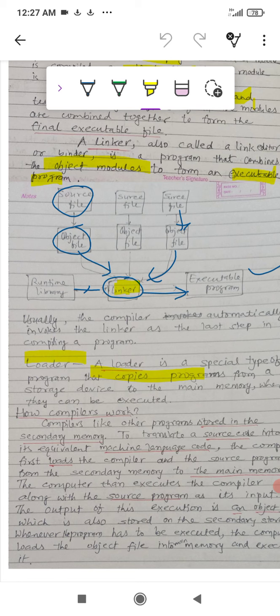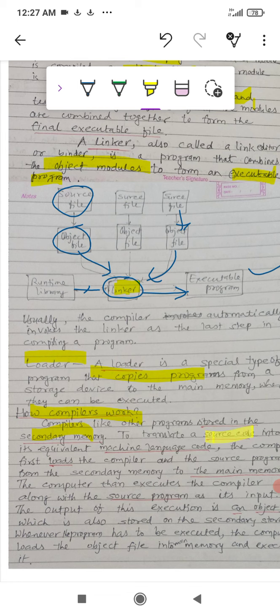Now how does a compiler work? Compilers, like other programs, are stored in the secondary memory.